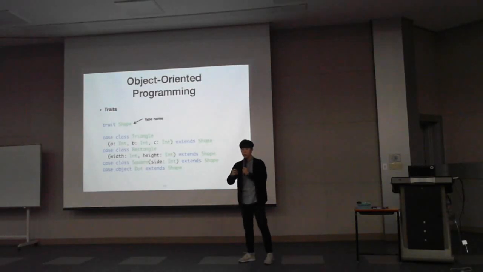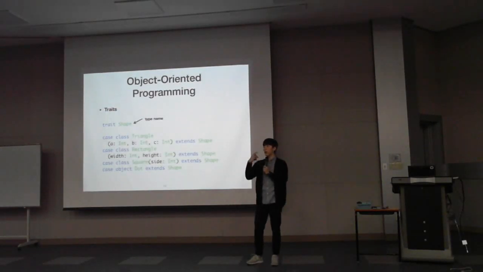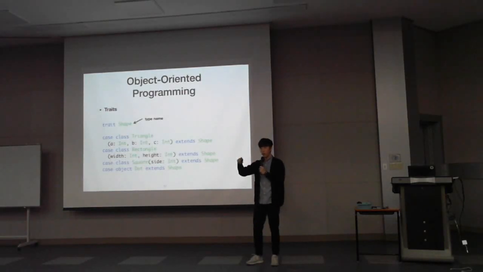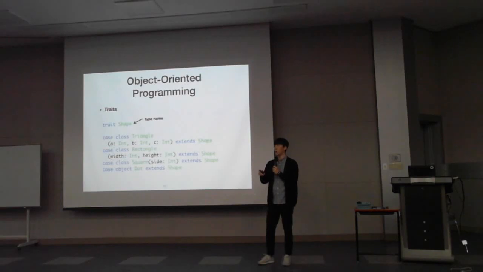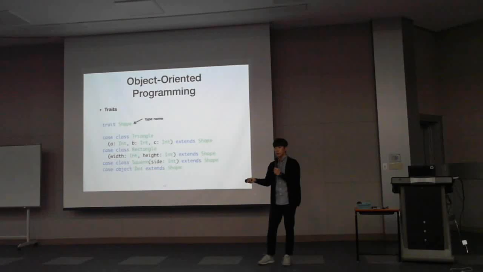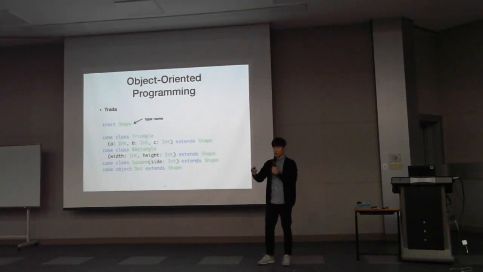In case classes, the default equality function checks deeply all the components between objects. But if you use just classes, you should define the equality in those classes. So there are a lot of differences between case classes and classes, but case class is a more concise style in Scala.